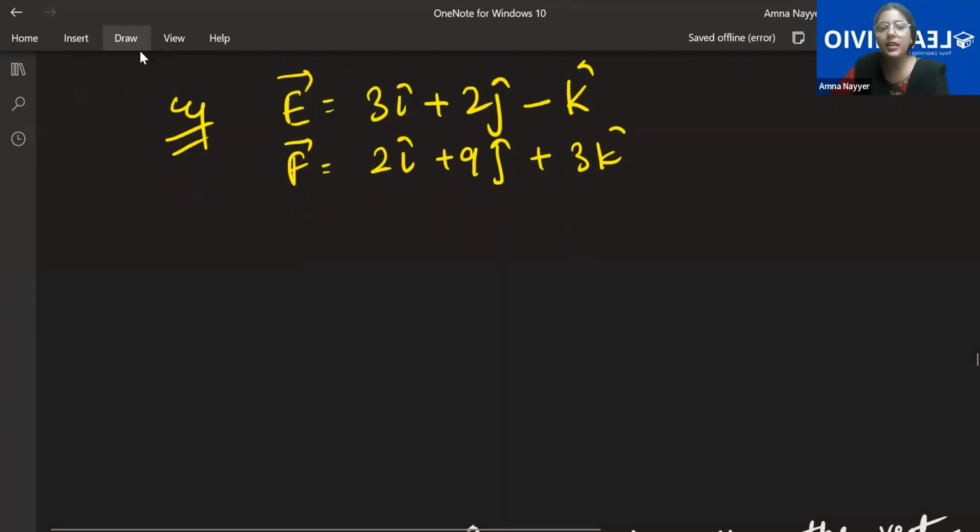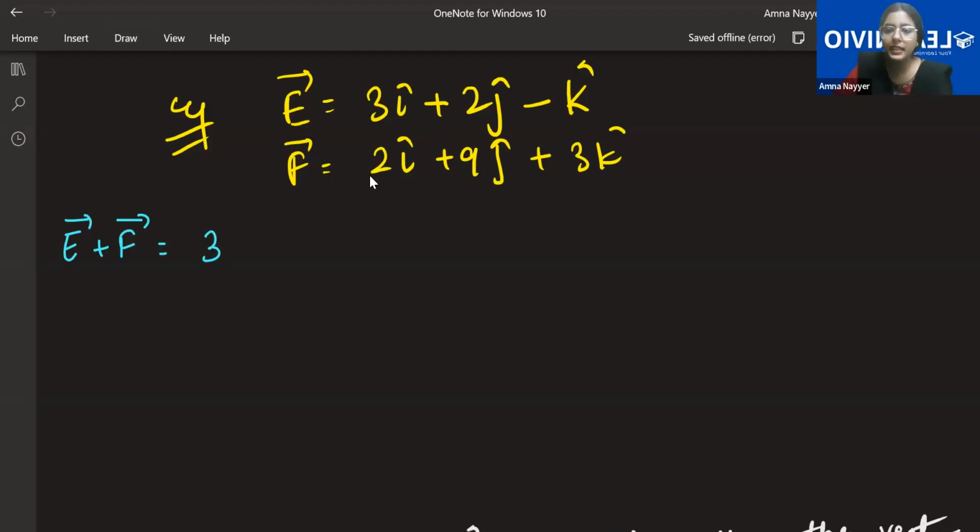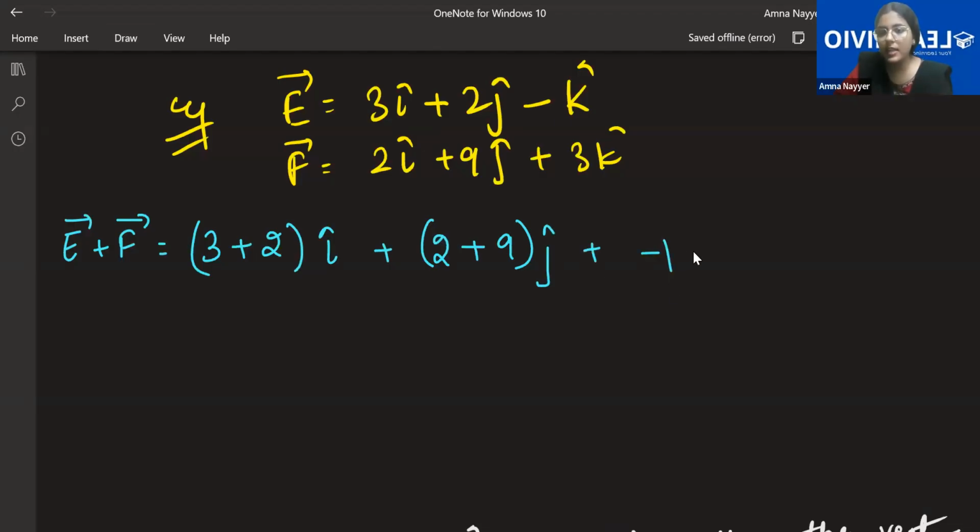Let's say this is E vector plus F vector. I have to write E vector plus F vector. So here the coefficient of I cap is 3 and here it is 2. Exactly. So 3 plus 2 I cap, plus here we have 2 plus 9 J cap, plus here this is minus 1 plus 3 K cap.